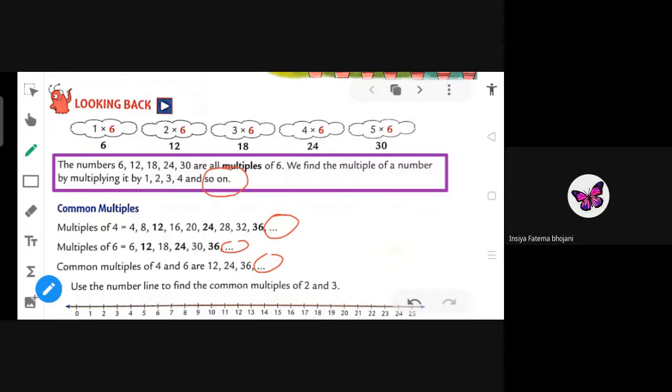If you make a list of multiples of 4 or 6, continuously multiplying 6 or 4 with 1, 2, 3, up to 10, and even after 10, with 11, 12, 13, 14, 15, you will get more multiples. It's endless. Understood the meaning of "so on"?